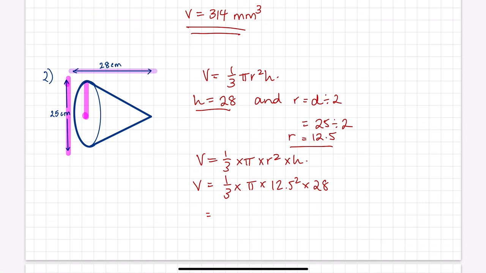Times pi times 12.5 squared times 28. Okay, and that equals 4,581.489, etc. Okay, and we round that to the nearest whole. So that's going to be 4,581 centimeters cubed for volume.